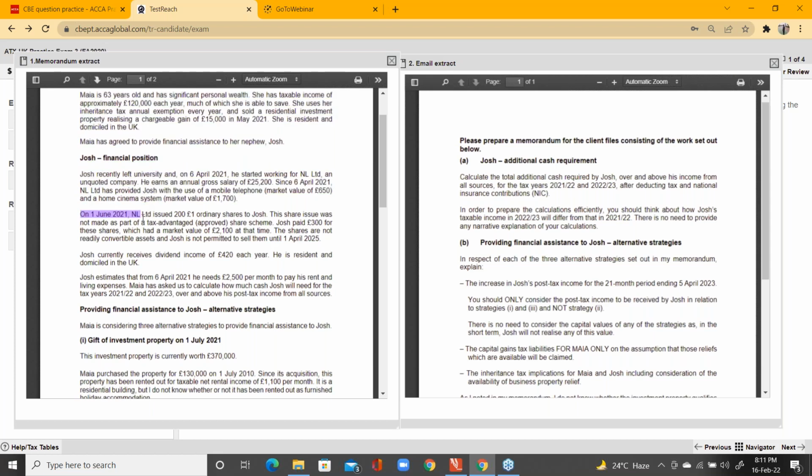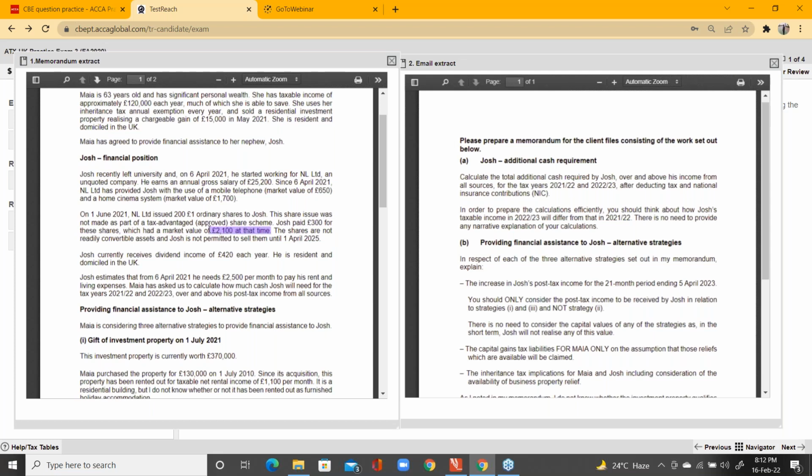On 1st June 21, NL Limited issued 200 ordinary shares to Josh. This share issue was not part of a tax advantaged approved scheme. It means these shares are under a tax unadvantaged scheme. So for any shares which are tax unadvantaged, a benefit would arise and that benefit will be added to the employment income of the employee. Josh only paid 300 for these shares which had a market value of 2100 at that time.